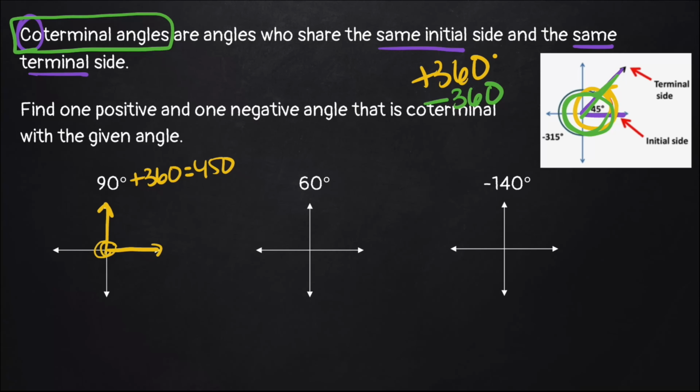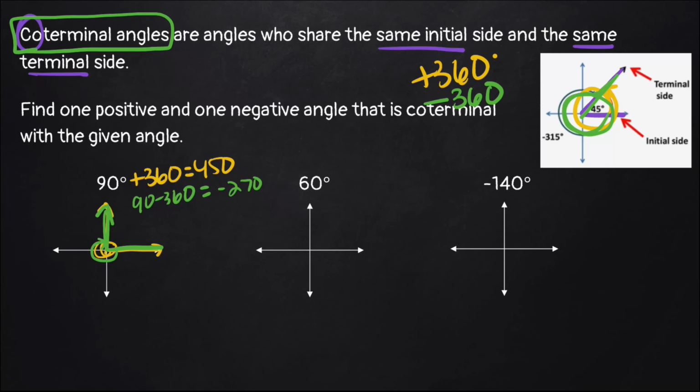And then if you subtract 90 minus 360, what you'll get is negative 270. So I'm going to have the same initial side, negative 270. Don't have to make one full rotation. We'll just end up right here, same spot, with negative 270. So again, we're looking at positive and negative coterminal angles.